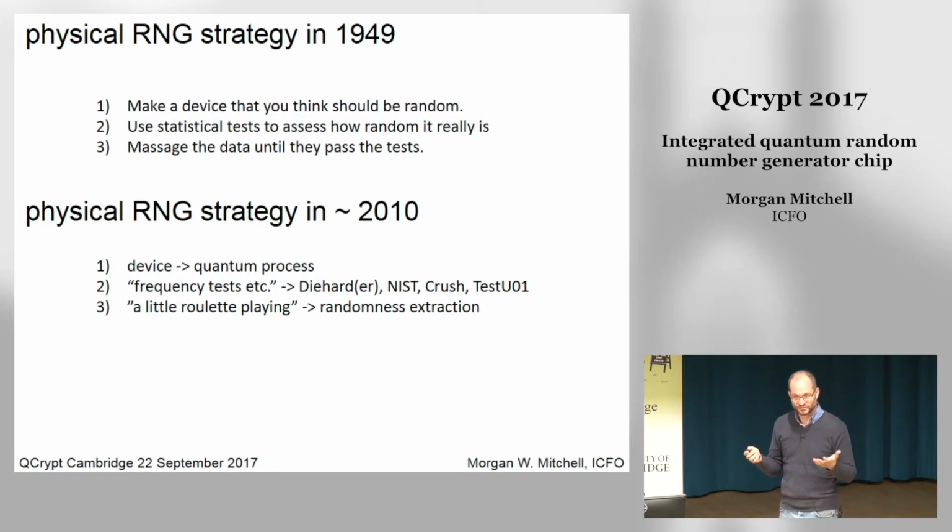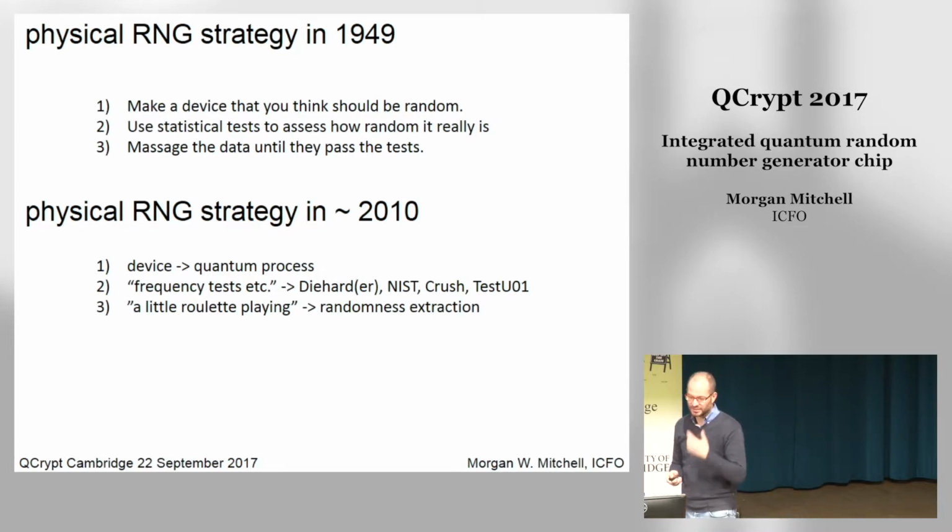So you can take a modern commercial quantum random number generator, and if you collect enough data on it, then you can find defects in it. And so we would like to do something better. We would like to do something that is not tied to the passing of the tests, and that's the methodology that I'm going to talk about.